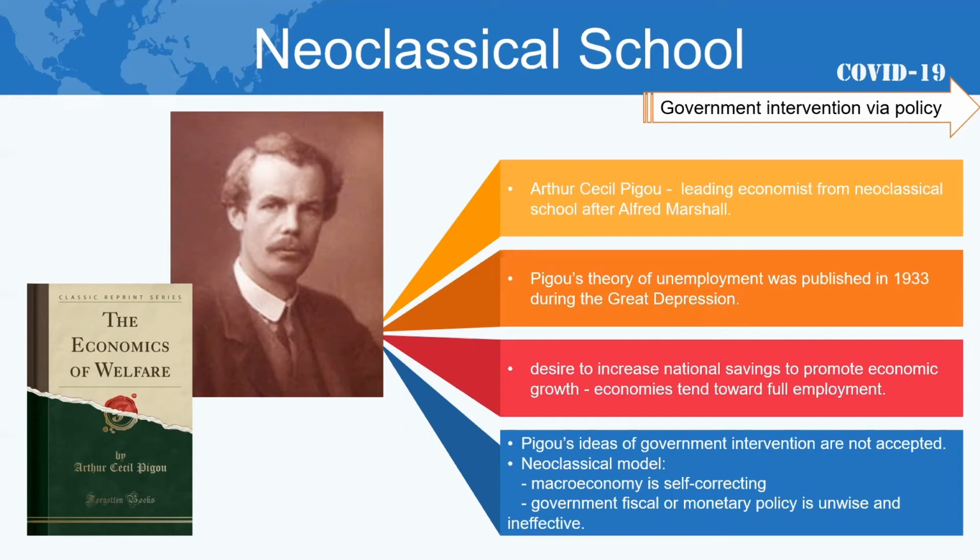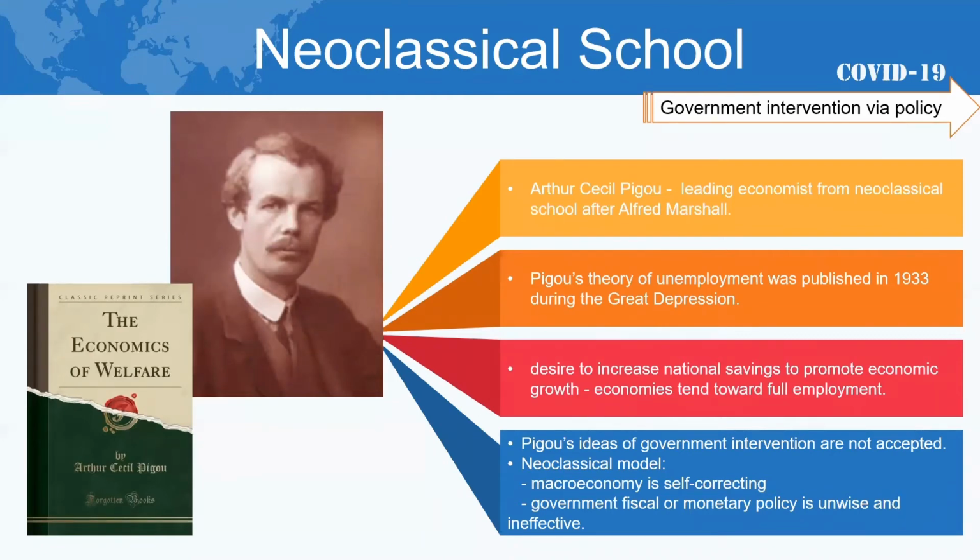Pigou's desire to increase national saving to promote economic growth rested on his orthodox idea that economies tend towards full employment. His idea was that a reduction in the general price level during an economic downturn will boost the real value of people's assets. Then people will decide to save less and consume more.